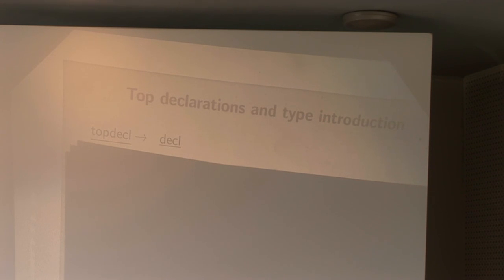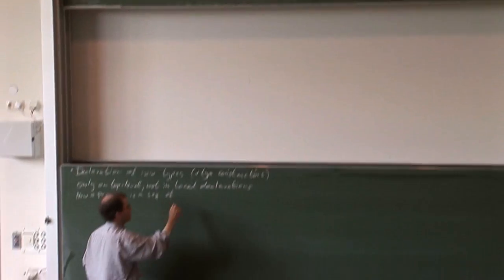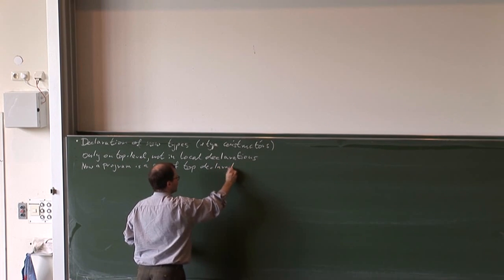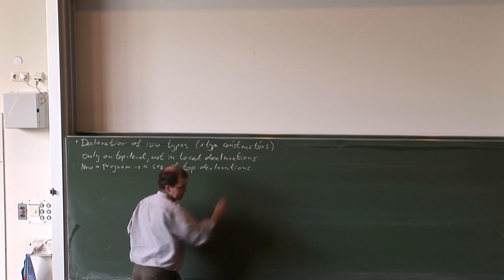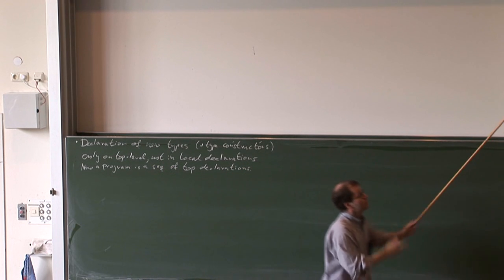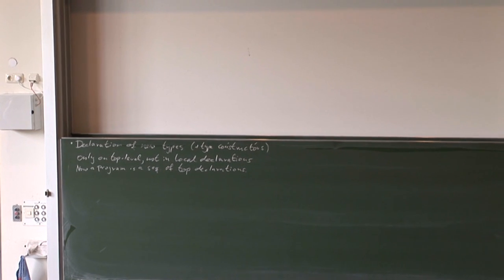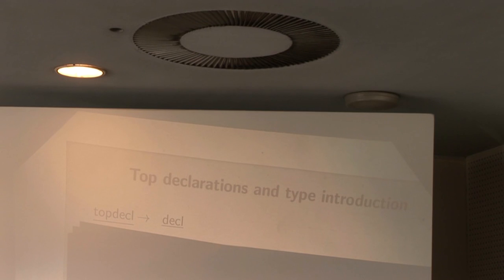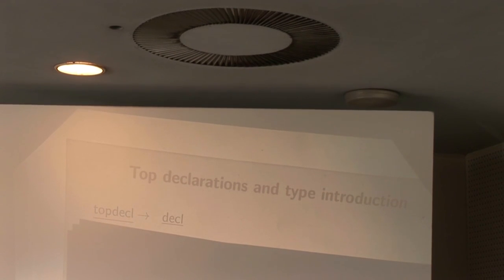So now a program is just a sequence of top declarations, topdecl. And decl are those declarations that we know up to now. They are function declarations and pattern declarations and all this stuff. All of this you can also write on top level, but there are some more things you can write on top level, but not in local declarations.